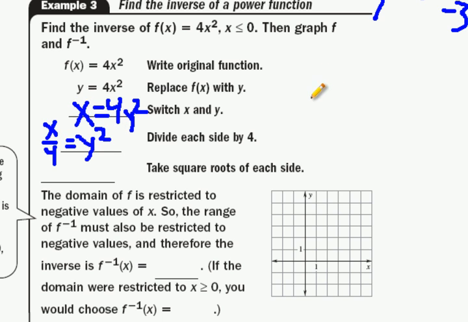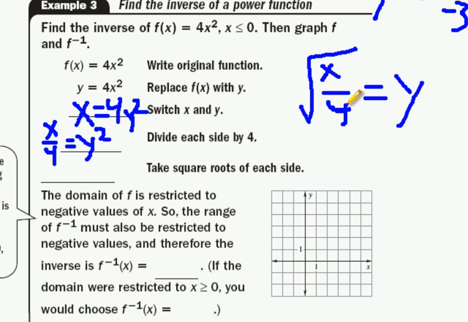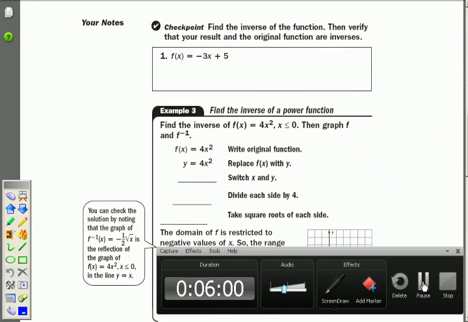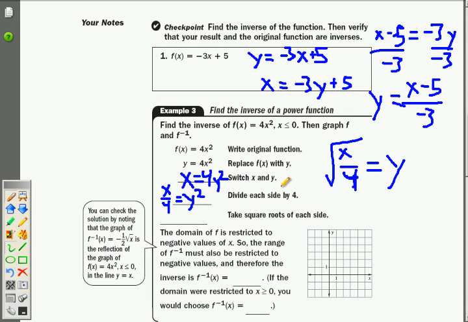And then I square root it, and I end up with the square root of (x divided by 4) equals y. So that's the square root of x over the square root of 4, which is the square root of x over 2. So y equals the square root of x over 2.